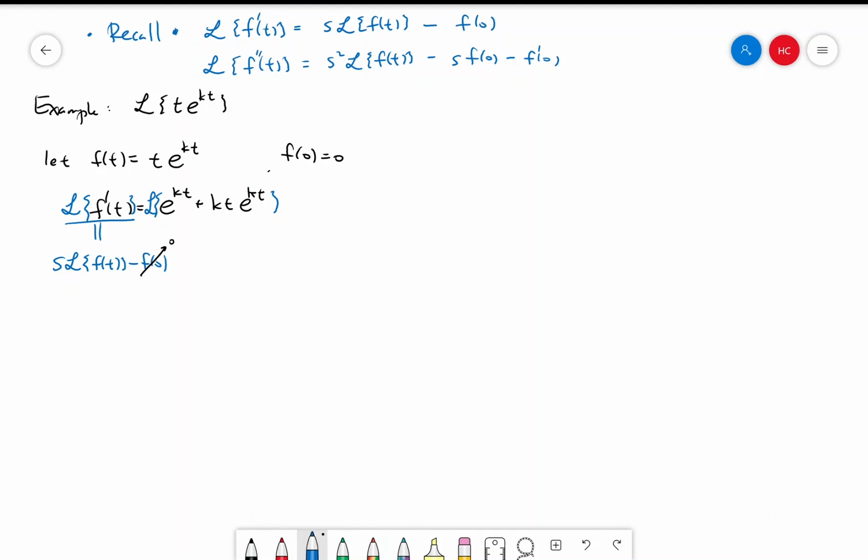So this is equal to s times the Laplace transform of f of t, which is t times e to the kt. So we get s times the Laplace transform of t times e to the kt equal to the right-hand side, which is the Laplace transform of e to the kt plus k times the Laplace transform of t times e to the kt.